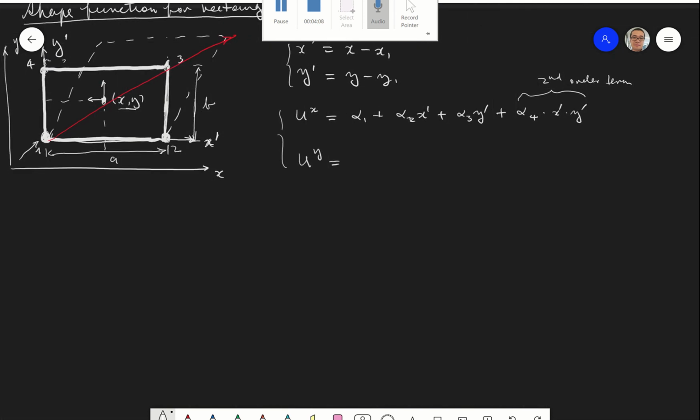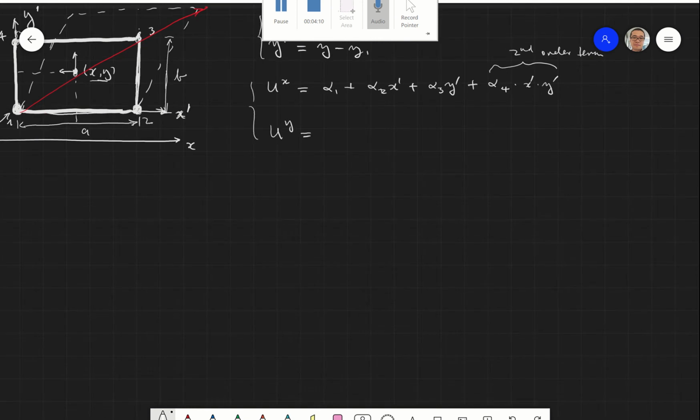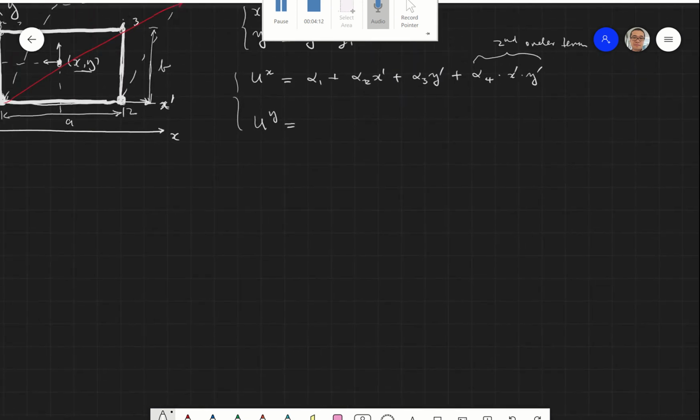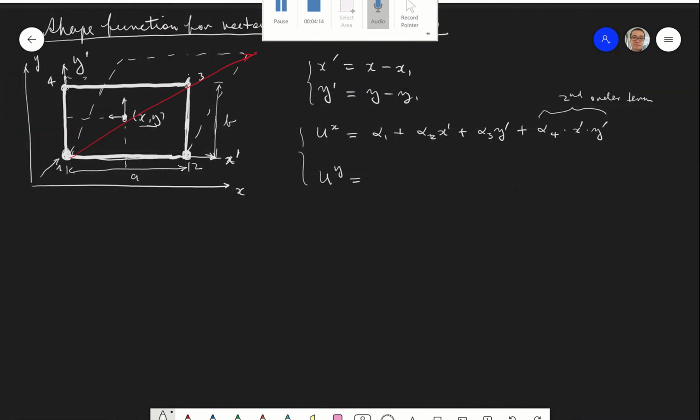Similarly, we can write the same equation for y, which is basically alpha 5 plus alpha 6 x prime plus alpha 7 y prime plus alpha 8 x prime y prime.